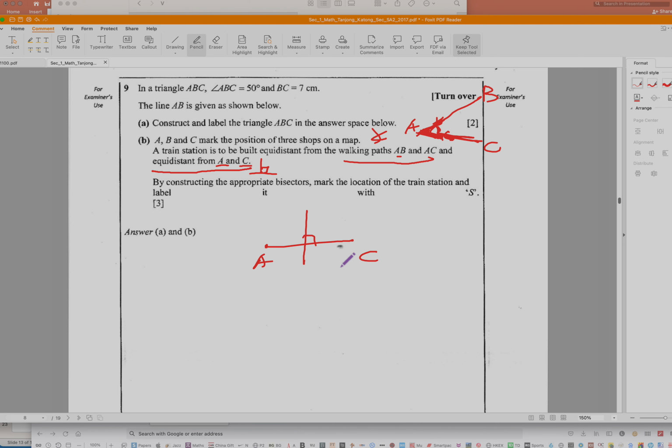Okay, found it. This one, perpendicular bisector. Okay, continue. When you do a perpendicular bisector, it's good that this line must go through the entire figure.